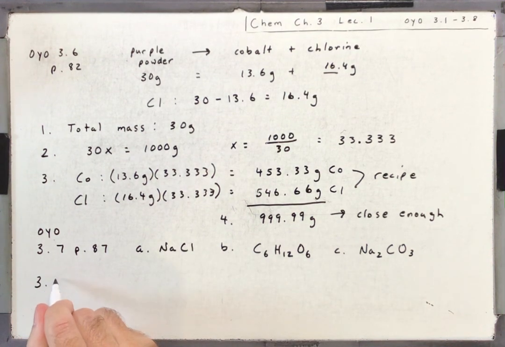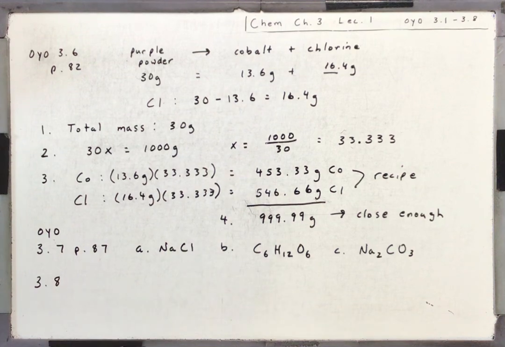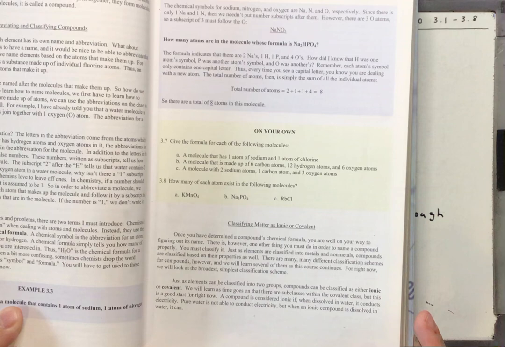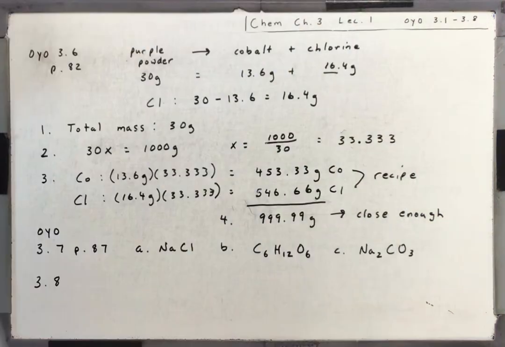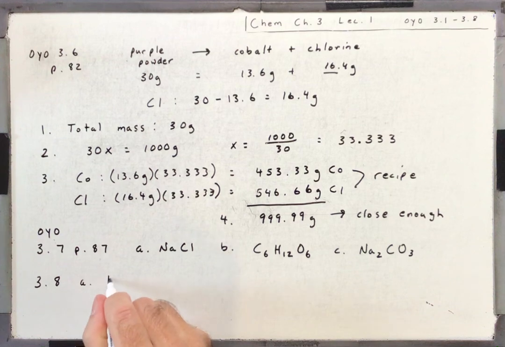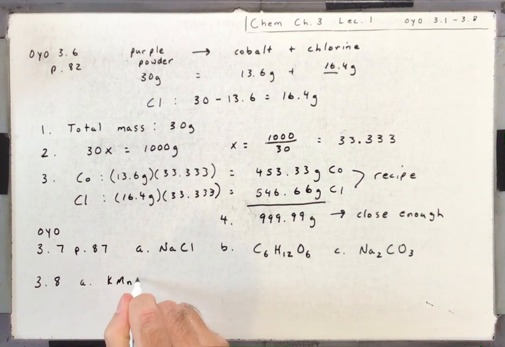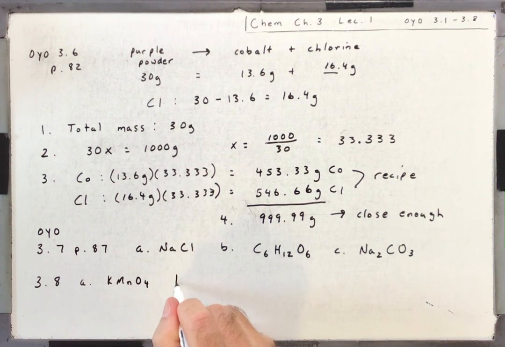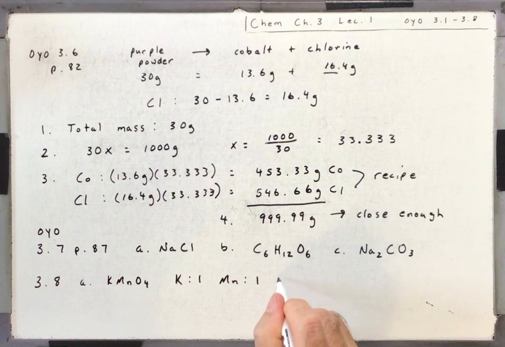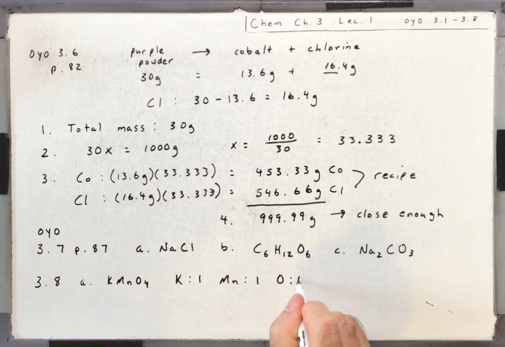All right, finally 3.8, also page 87, says how many of each atom exist in the following molecules. So for KMnO4, for potassium there's 1, for manganese there's 1, and then for oxygen we have 4.